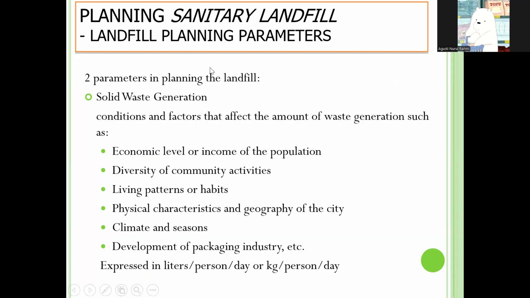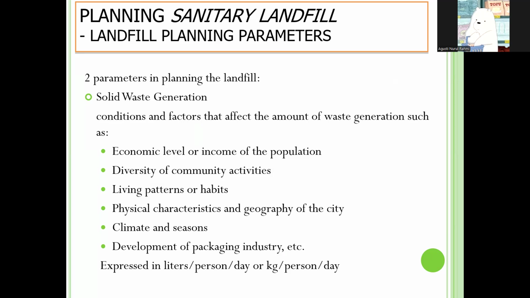Okay, so for the first topic will be presented by me. The first one is the planning of sanitary landfill, which is landfill planning parameters. There are two parameters in planning the landfill.